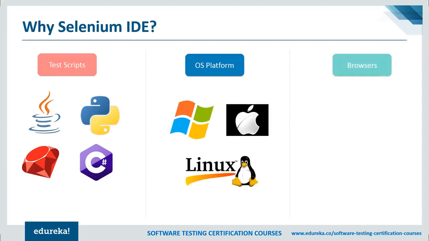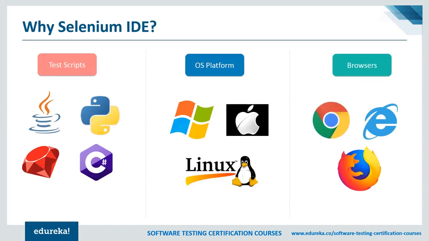Not only that, it can be carried out using any browser like Mozilla, Internet Explorer, Google Chrome, Opera, Safari, etc. And tests can be integrated with tools like TestNG and JUnit for managing test cases and generating the reports. And it can also be integrated with Maven, Jenkins, and Docker to achieve continuous testing. And that is the reason everyone prefers Selenium over other automation testing tools.